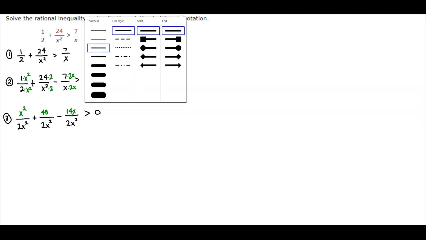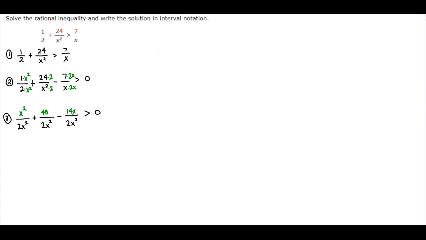So now we need to combine like terms. Our denominator is going to be 2x squared. In our numerator, we have x squared minus 14x plus 48, and that's greater than 0. Now we're almost done, but we still need to factor that numerator.